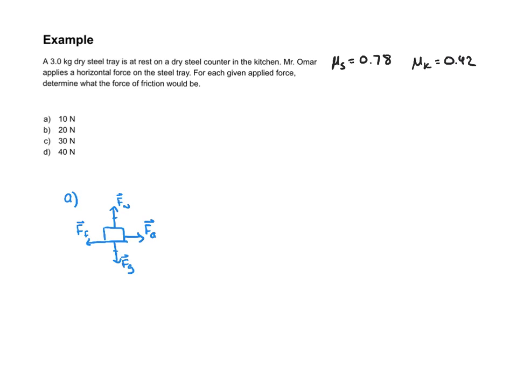Okay, if the applied force is 10 newtons, what is the force of friction? Is it the same size as the applied force? Maybe, maybe not. So what we have to calculate to start with is what I call the maximum static friction.